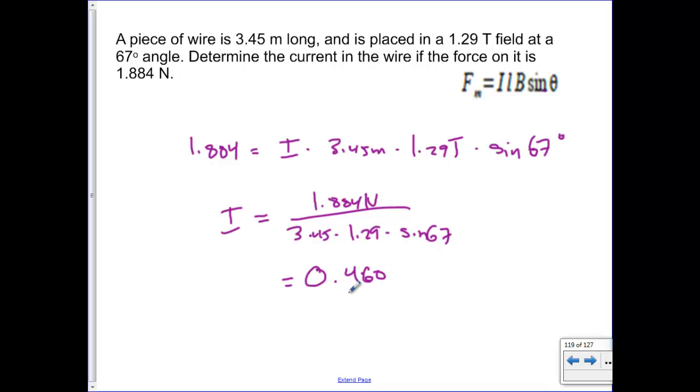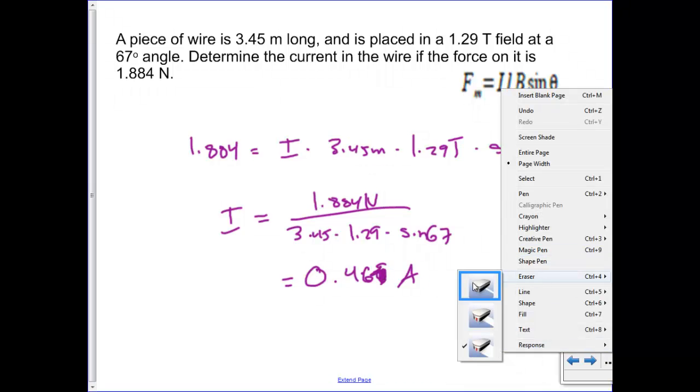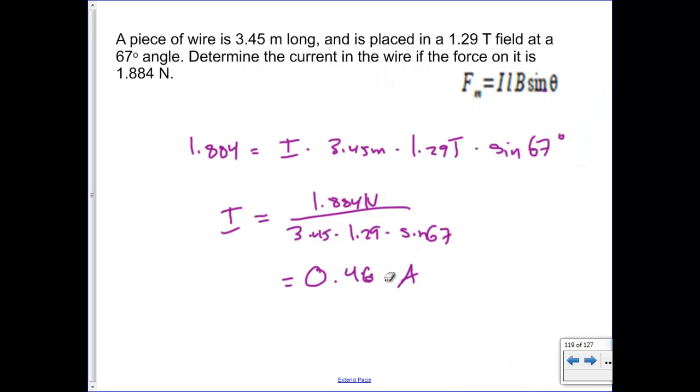Wait, I only get 2 sig digs now. 46 amps. Did you guys get 0.46? Like I got 45988. Yeah. Okay, so only 2 sig digs though because of the 67 degrees now. Does that make sense?